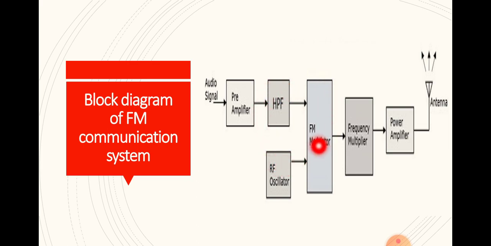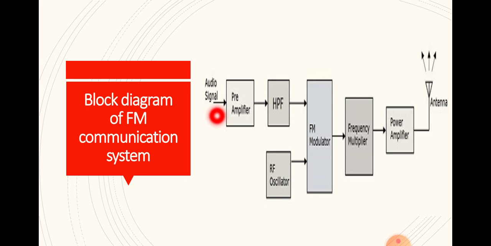Here we have the FM modulator, the RF oscillator, the frequency multiplier, the power amplifier, and the output stage of the FM communication system is the antenna, and the input is the audio signal. So this is the summarization of the blocks used in the FM communication system.